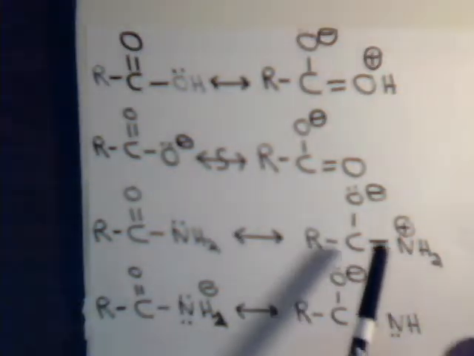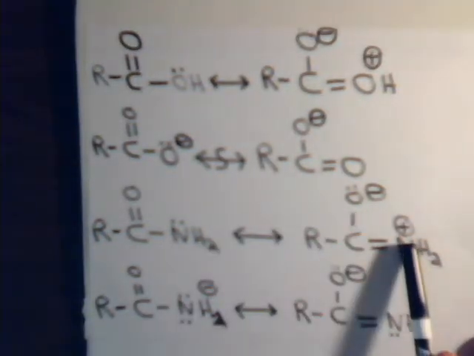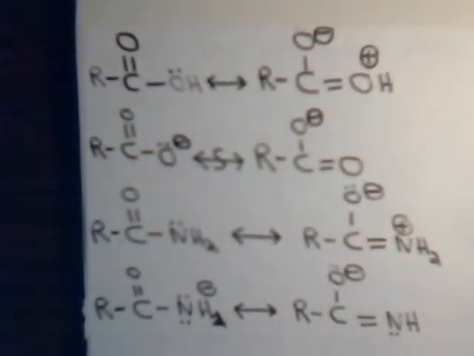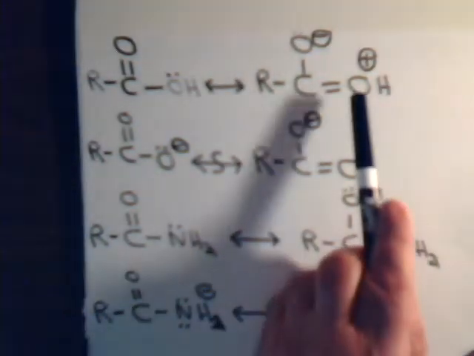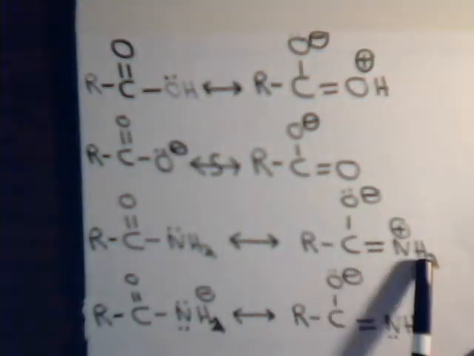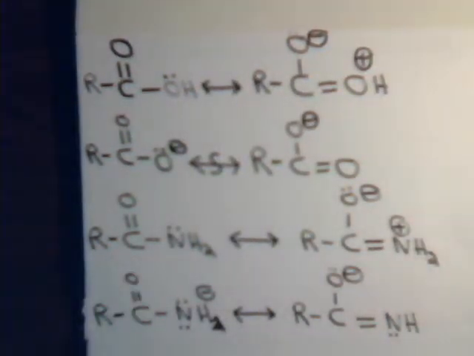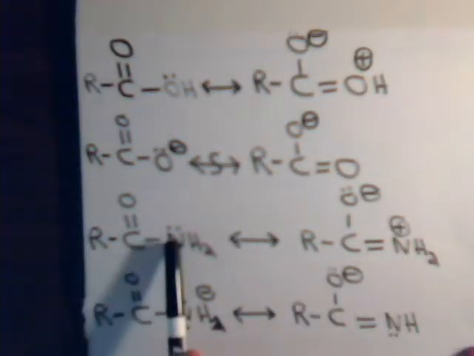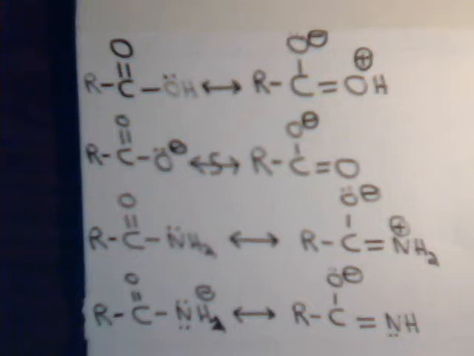But here, the positive charge is on the nitrogen. Here it's on the oxygen. Again, nitrogen is less electronegative, so having a positive charge on it as opposed to the oxygen is a more ideal situation. What's more, of course, we're dealing here with electron delocalization with these pi electrons.